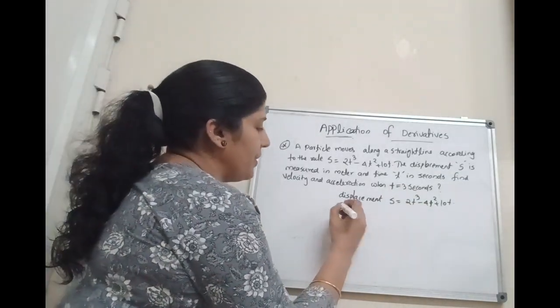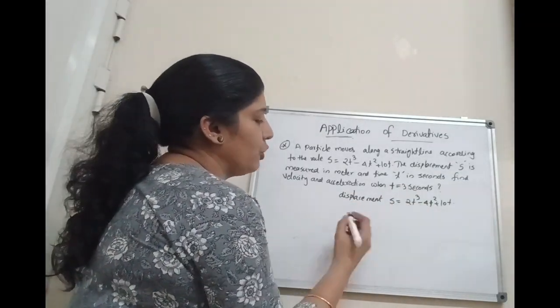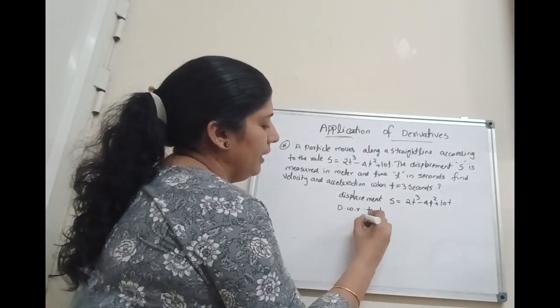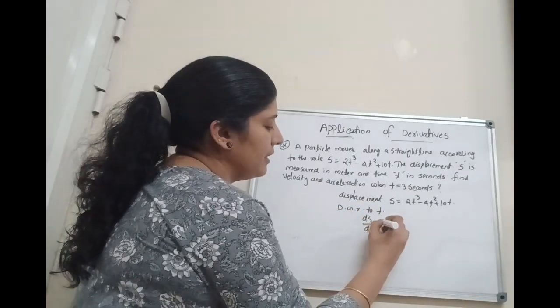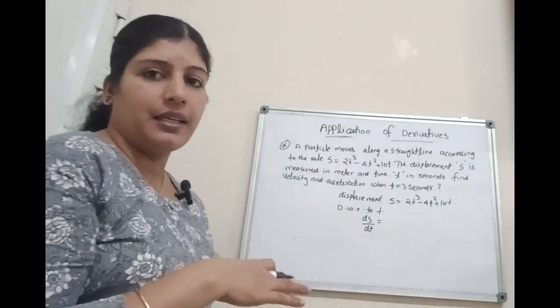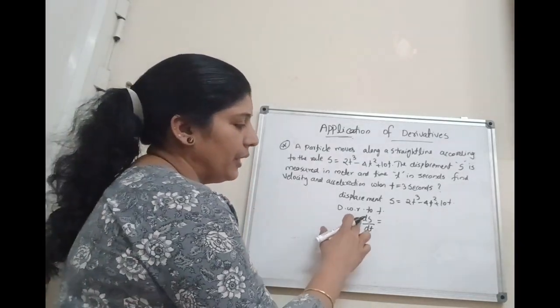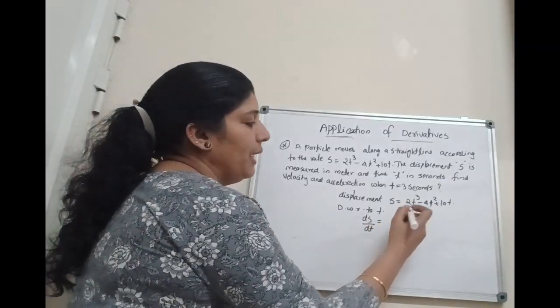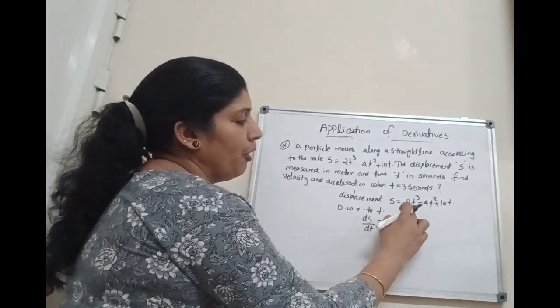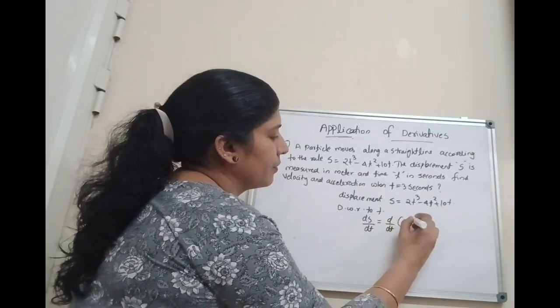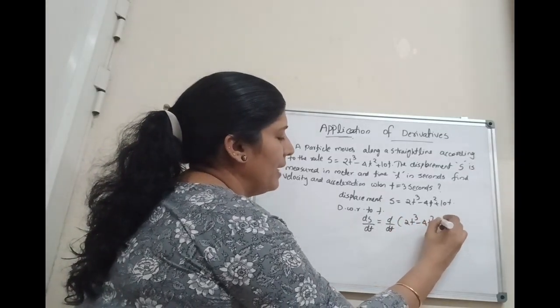First we have to differentiate S with respect to t, that is ds by dt. That is the rate of change of displacement, and the rate of change of displacement is velocity. So ds by dt equal to d by dt of 2t cube minus 4t square plus 10t.